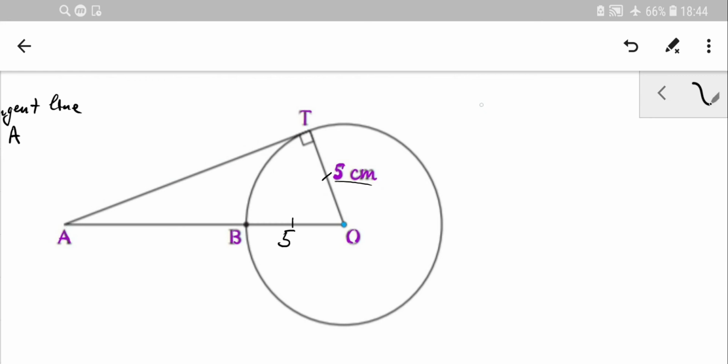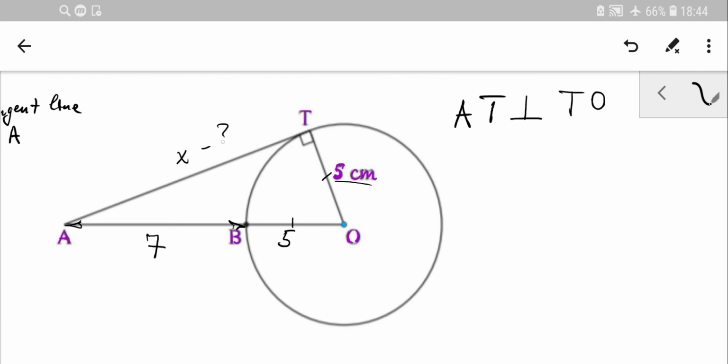And AT is the tangent line, hence it's perpendicular to TO. Let's try to figure out, if we know AB, let it be 7, so the AB segment is 7, the length of AT.